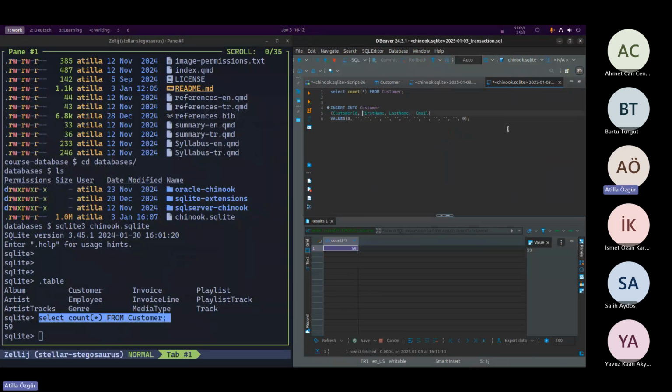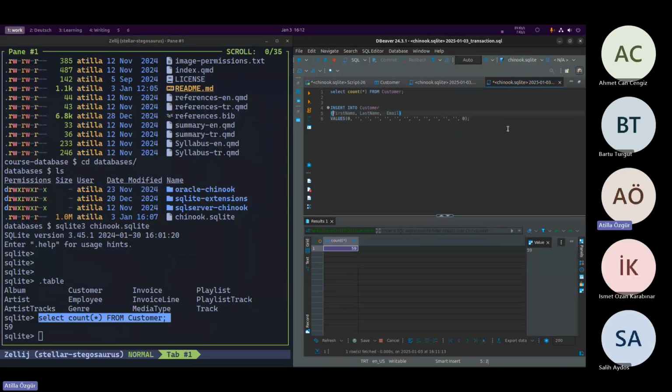I don't need customer ID, since it is an auto number. Let's say Atilla Özgür, and I don't need other information, atilla at abu.com, let's say. This will enter information into my database.